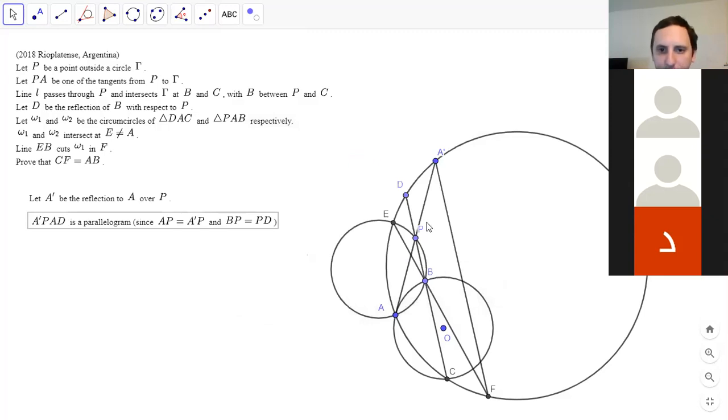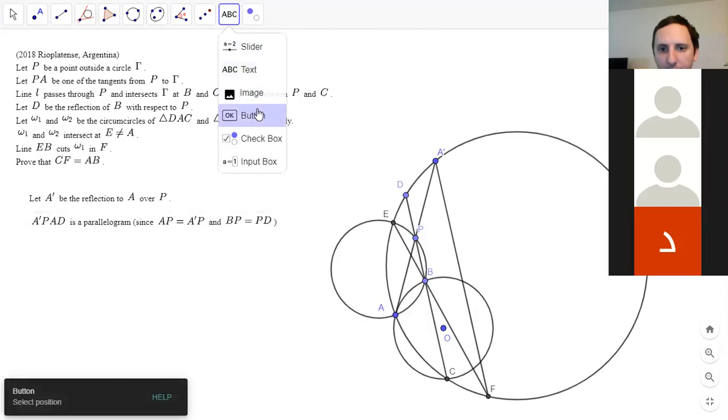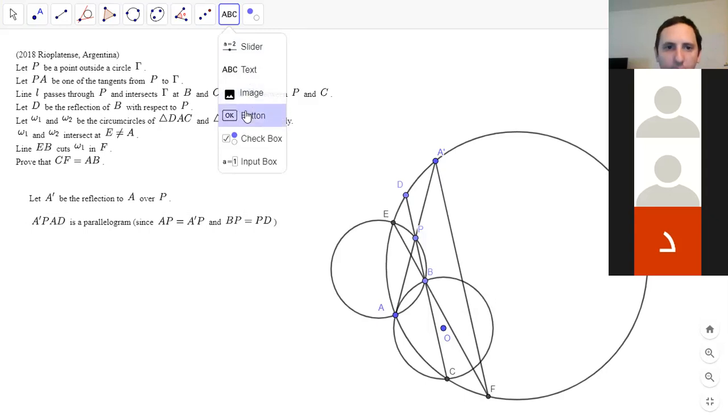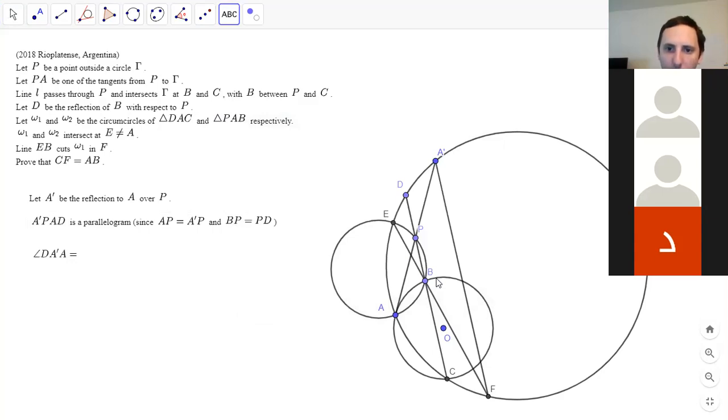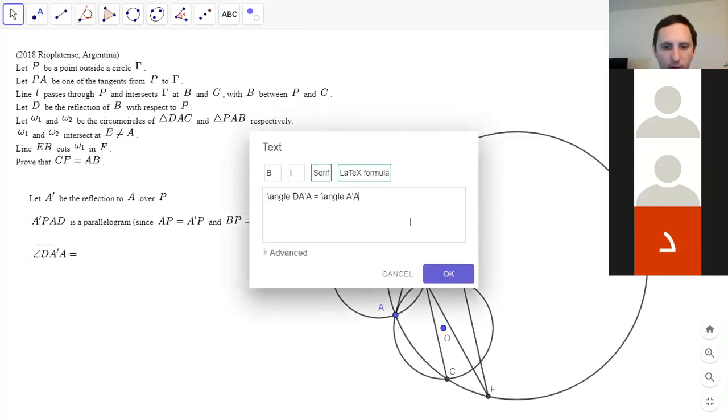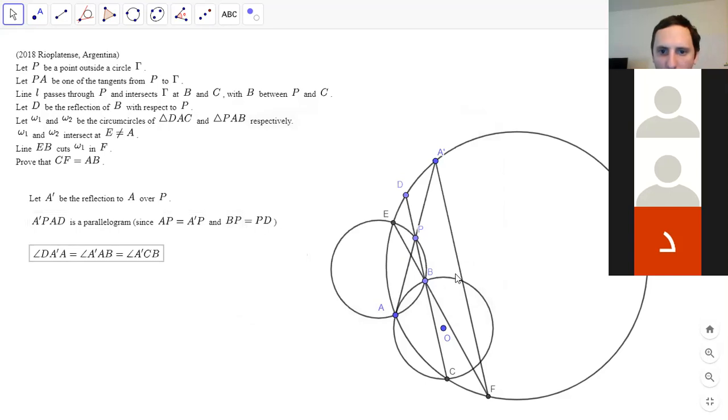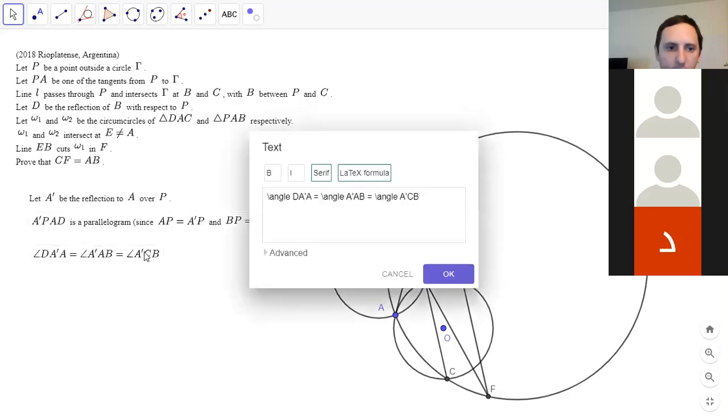And then we can show that A prime lies on the circle through DACF, because that is just an angle chase, because we can calculate angle DA prime A. So we have DA prime A is equal to angle A prime AB, which is angle A prime CB, or ACB, which is ACD.